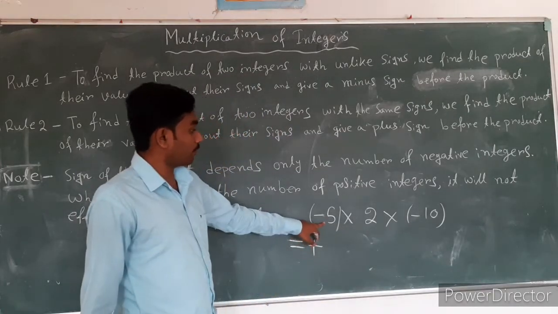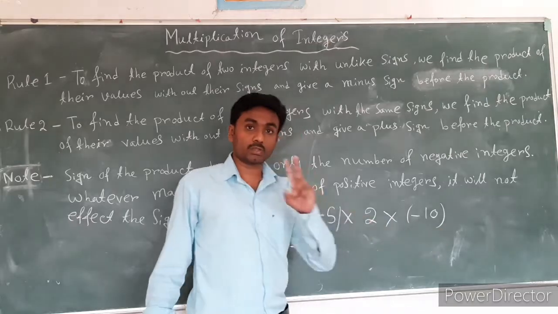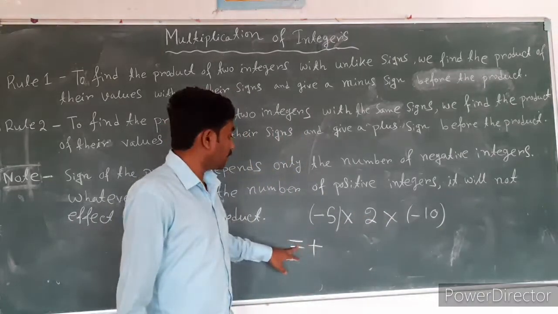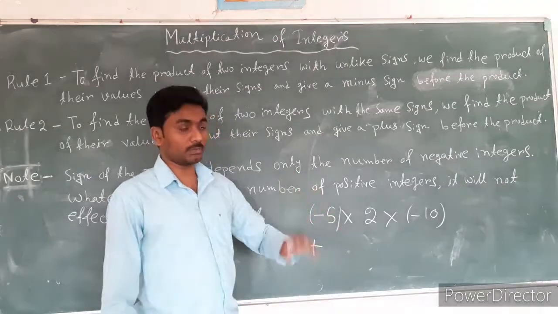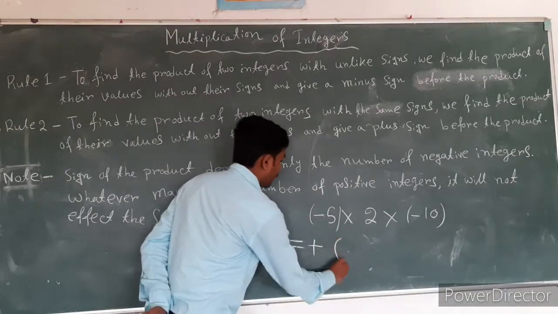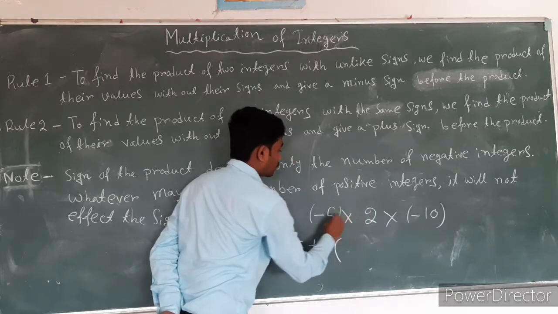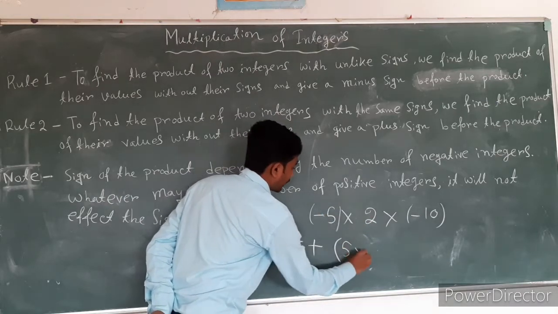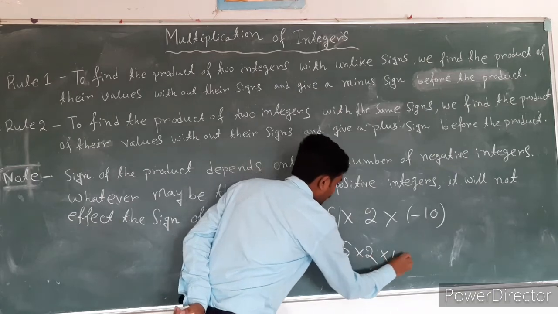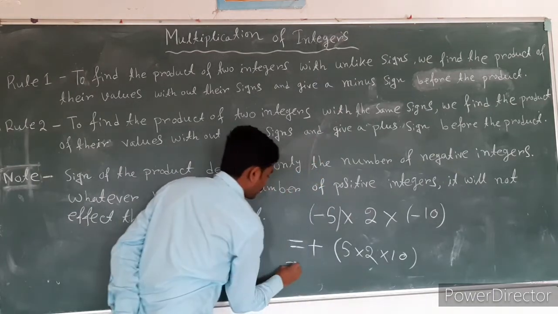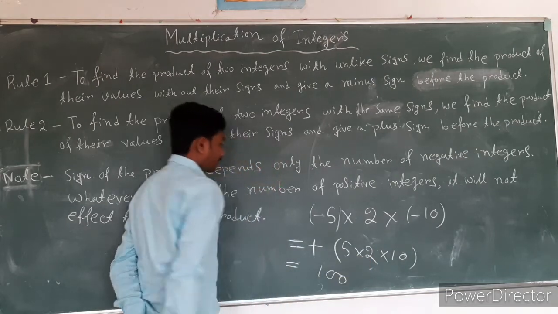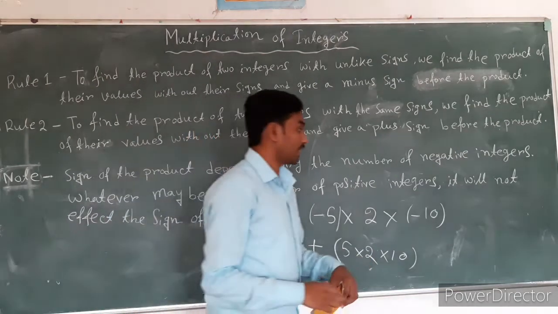Here the number of negative integers is 2, and 2 is even. That's why the sign of the product will be positive. And next we multiply the values excluding the sign. That is 5 into 2 into 10 is equal to 100.